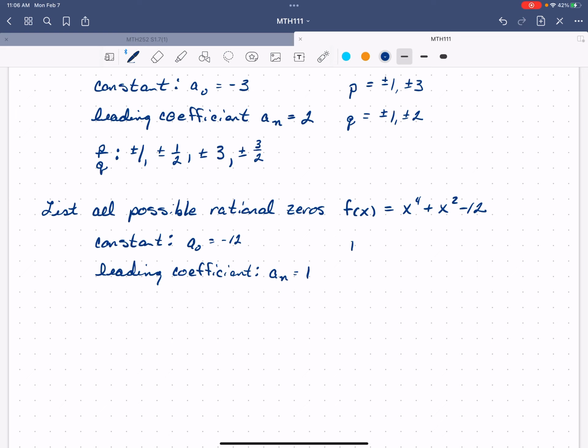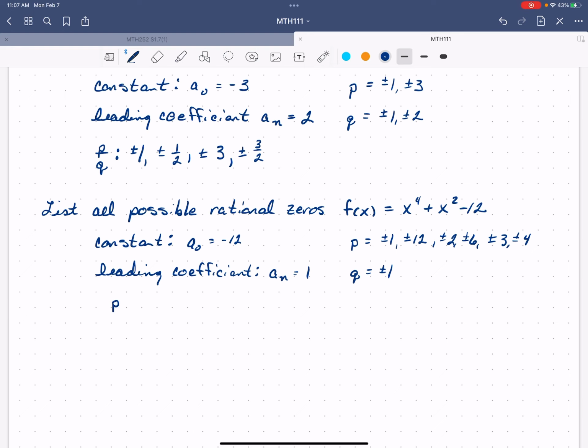So my set of p's are all the factors of 12, which means 1 and 12 and 2 and 6 and 3 and 4, and they're all positive and negative. Now my leading coefficient is just 1, so my q's are just 1.